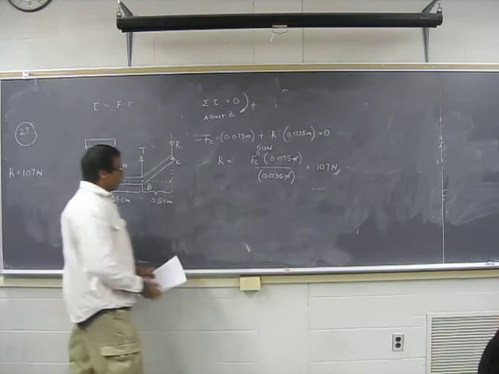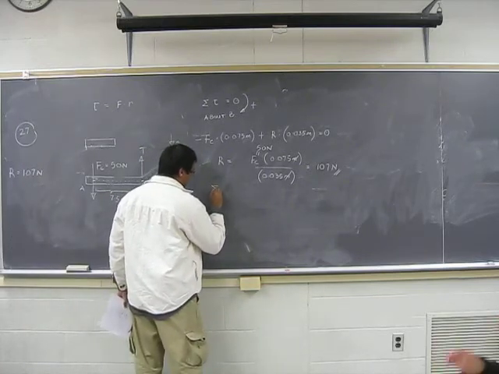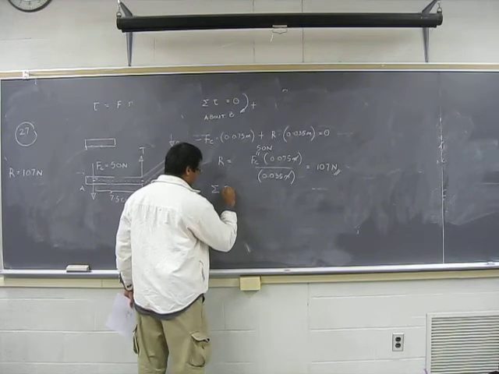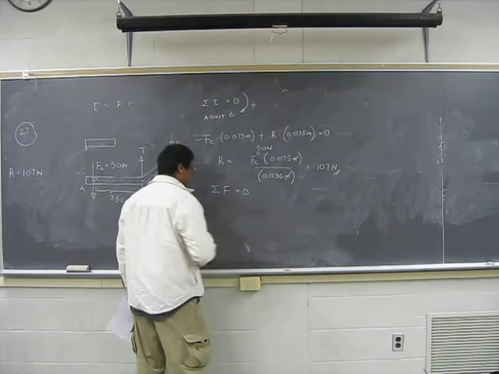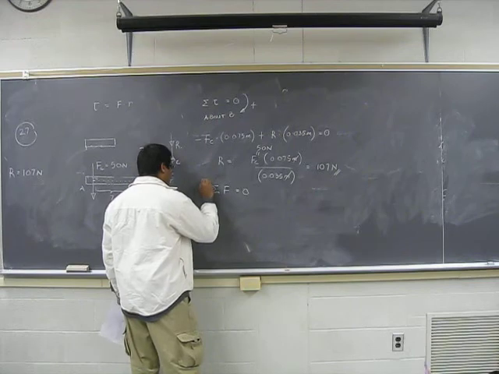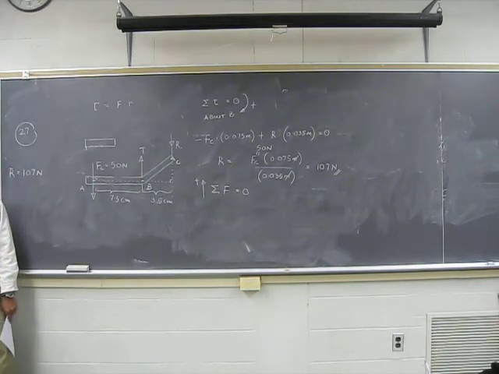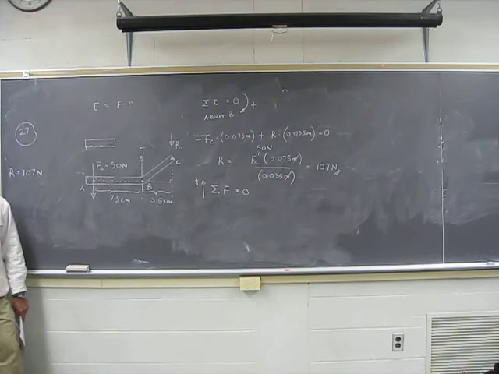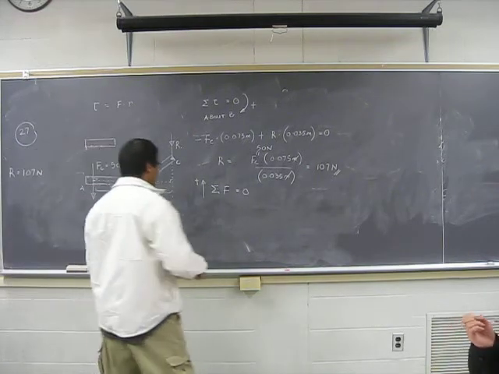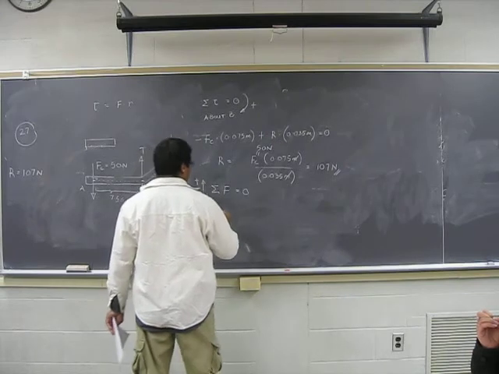The sum of the forces therefore has to be 0. Now all the forces going up I will take as positive. You always have to designate what direction is positive, what direction is negative.